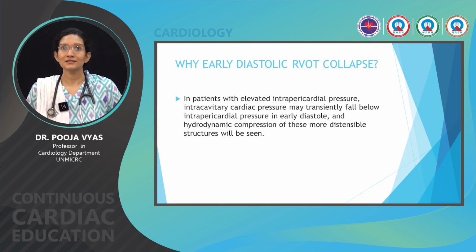And let us just discuss why this early diastolic RVOT collapse happens. It happens due to an increase in the intrapericardial pressure, and during the early diastole, intracavitary cardiac pressure transiently falls below intrapericardial pressure, and that leads to the hemodynamic compression of a more distensible structure like the right ventricular outflow tract during the early diastole.